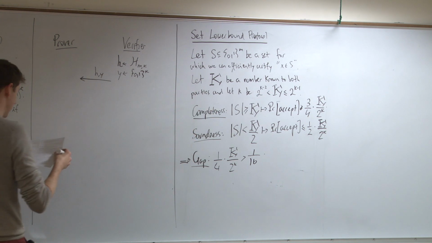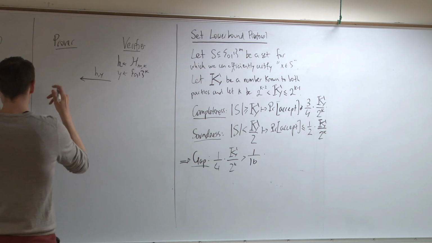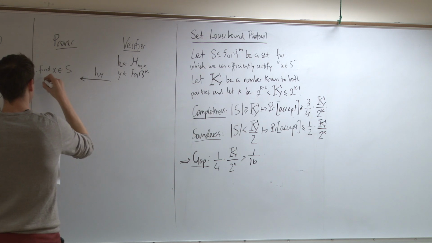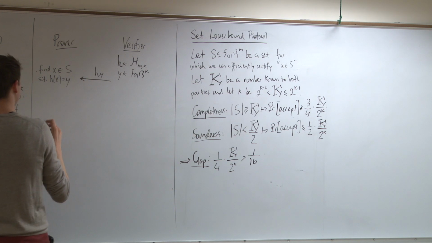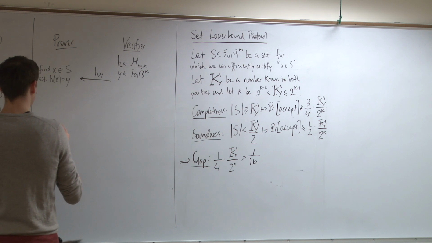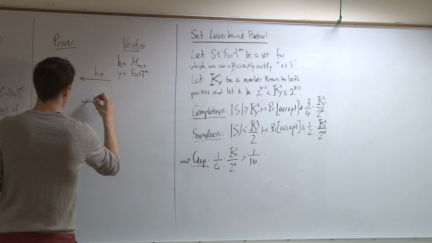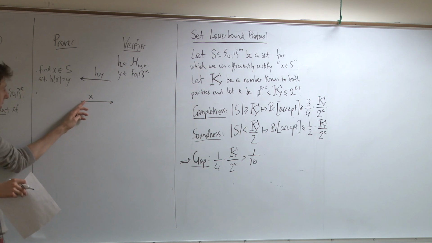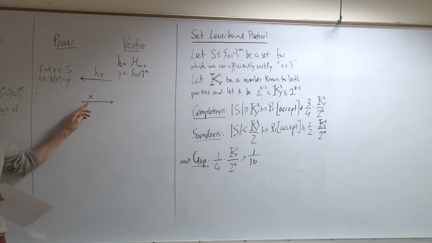Okay? So let me just complete the protocol. What the prover has to do is find x in S such that h of x equals y. And then it will send x. Now, of course, it cannot send x alone. It has to do something more, right? Because if it just sends x, it can just invert h on y, right?